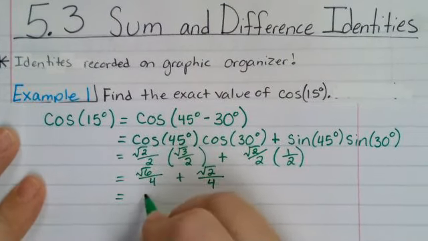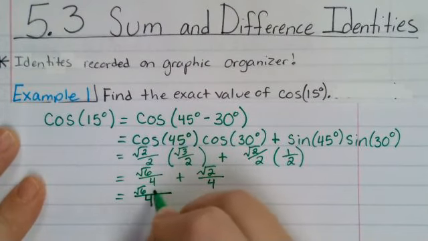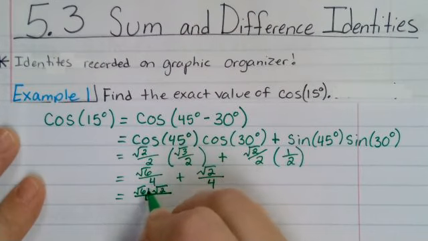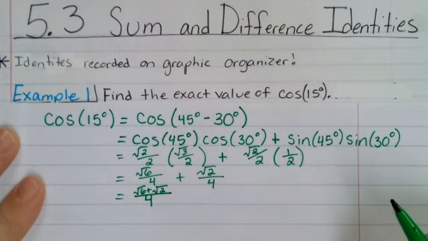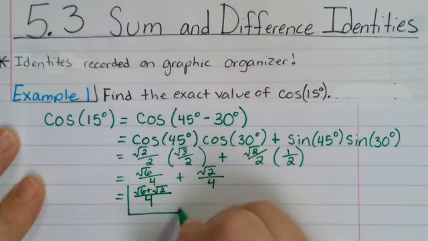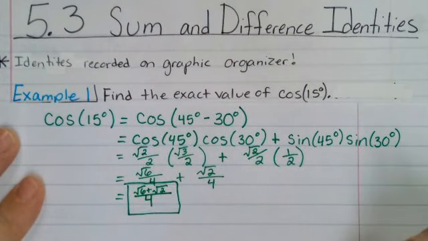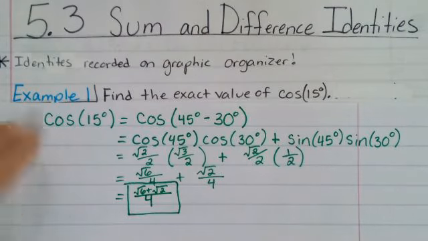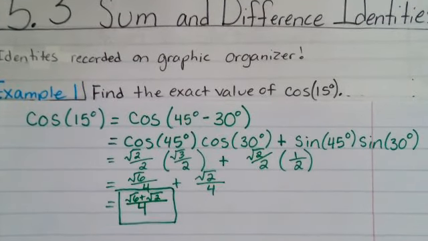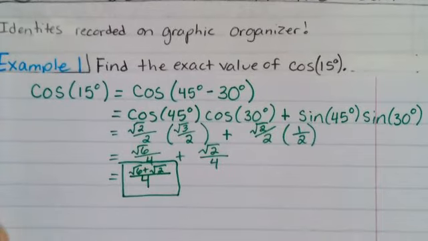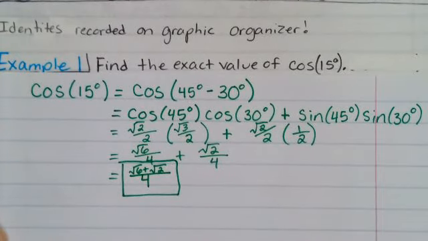The one thing is that those roots do not combine into one because they don't have the same number underneath them. So we're going to say this is square root 6 plus square root 2 all over 4. And there's that answer. Sorry, that's a little bit squished on there, but that's what we're looking at. Okay, next one.